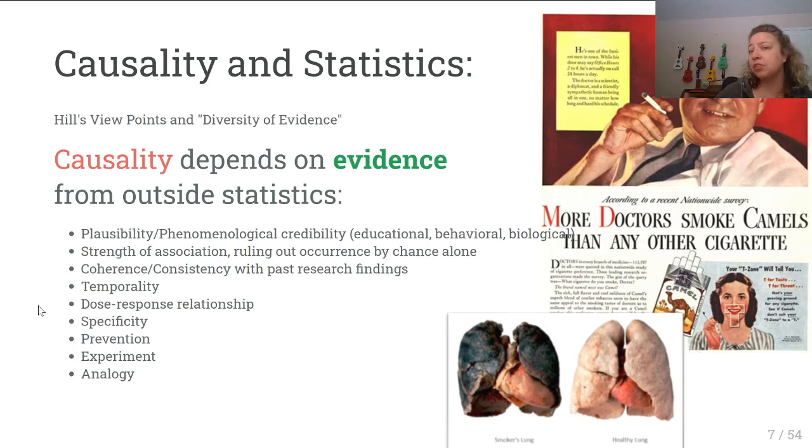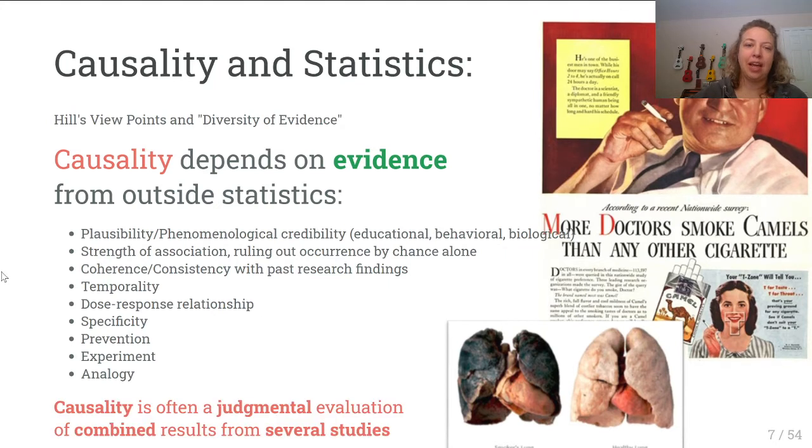If you're doing an observational study instead of a randomized controlled trial, which is going to happen a lot, then you need to make sure you couch your results as things are associated. And you can't really, in one study, jump to a cause and effect relationship if you don't have this diversity of information. So hopefully, even if you can't make that claim, your work will be part of making that claim. So causality is a judgment call after a combination of lots of studies.